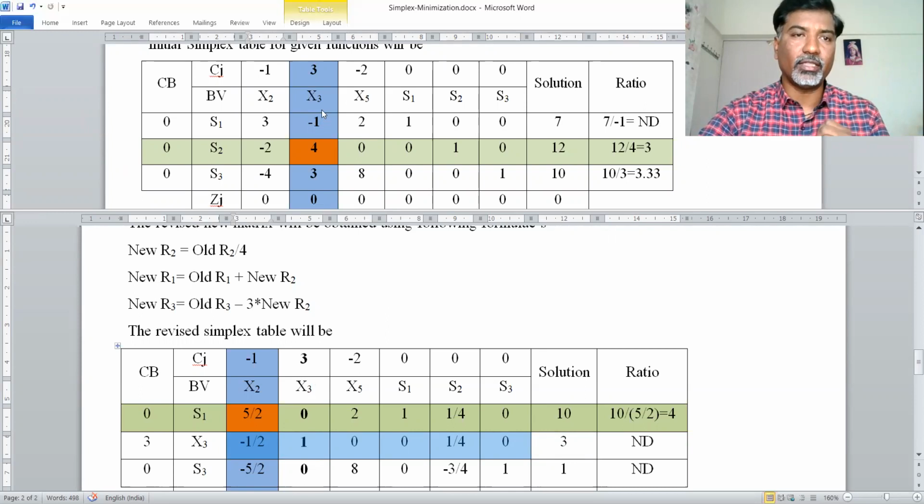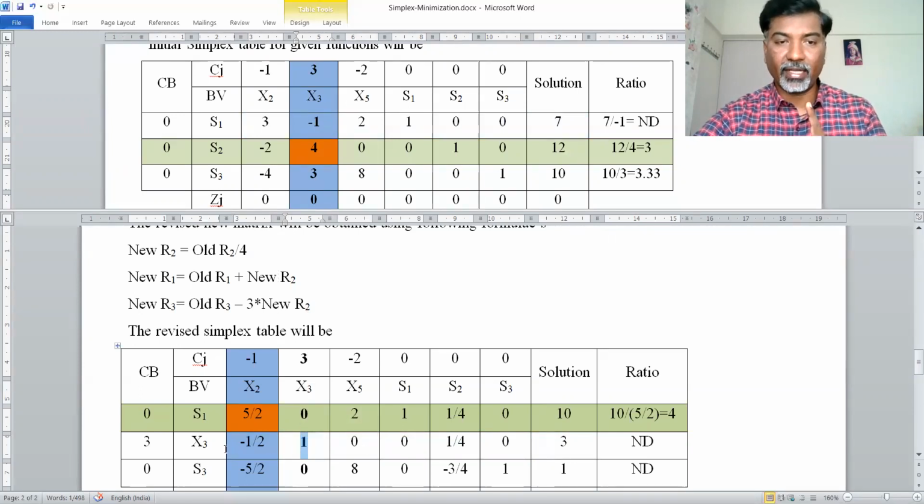This cell is having value -1, and now the new key cell is having my value 1. So if I add this row to the old row, I will get this cell value 0. So what I am doing here: new R1 is equal to old R1 plus new R2.